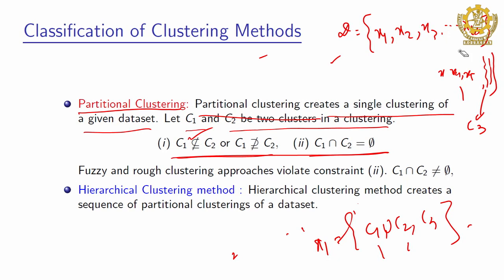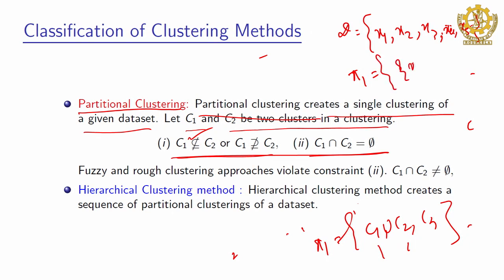Let us make a simpler example: x 1, x 2, x 3, x 4 and x 5. Now I get a partition pi 1. The first cluster is x 1, x 5 and x 4 and the second cluster is x 2 and x 3.